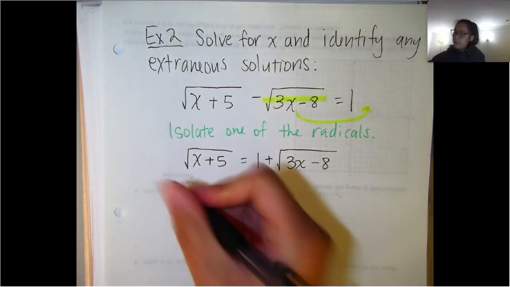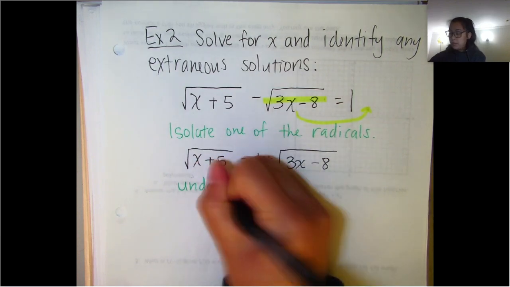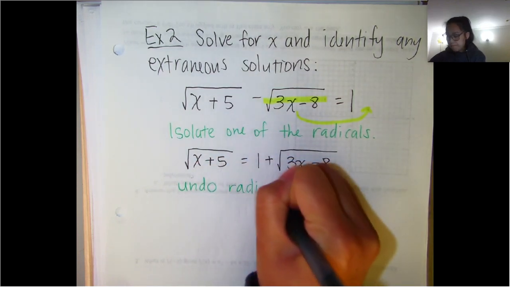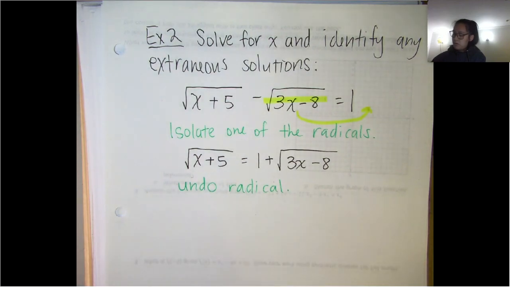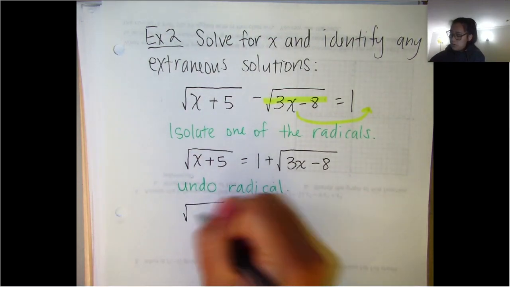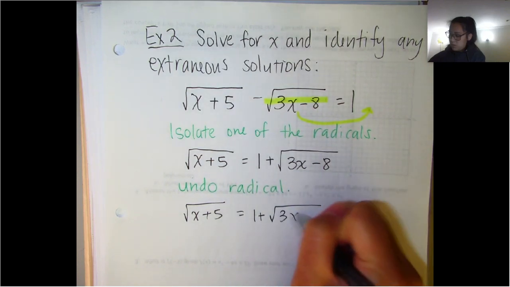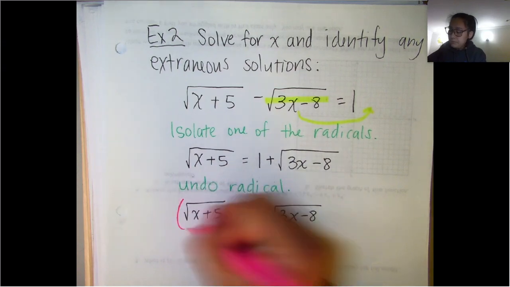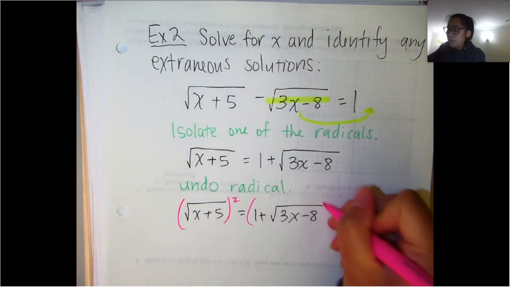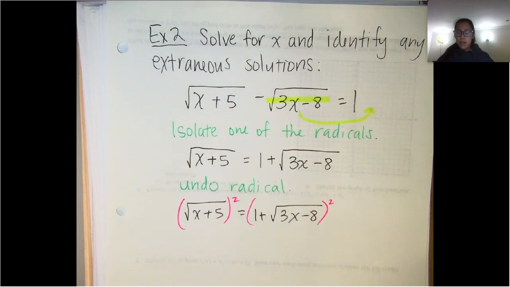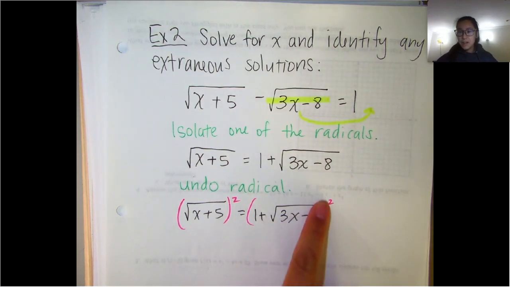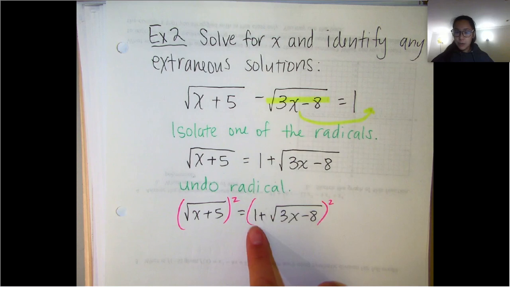Okay, and then same step as before, we undo the isolated radical. So we'll go ahead and square both sides. This is where a lot of you make your biggest mistakes. A lot of you will think, well, this is addition, this is an exponent, I'm going to distribute this exponent to here and to here.